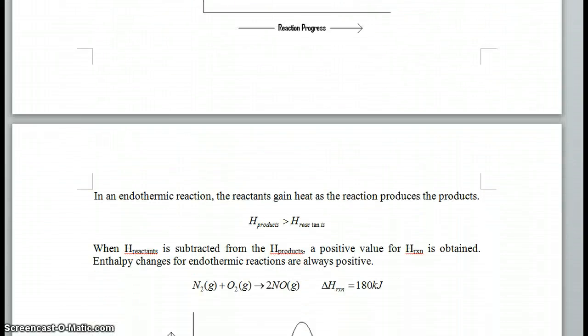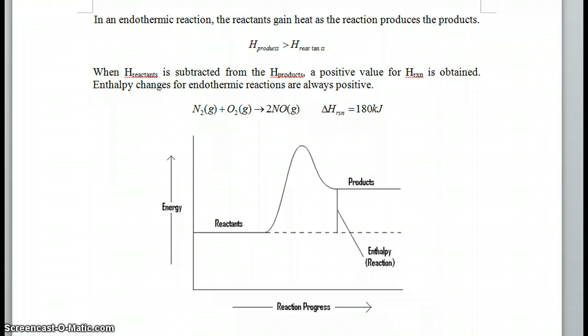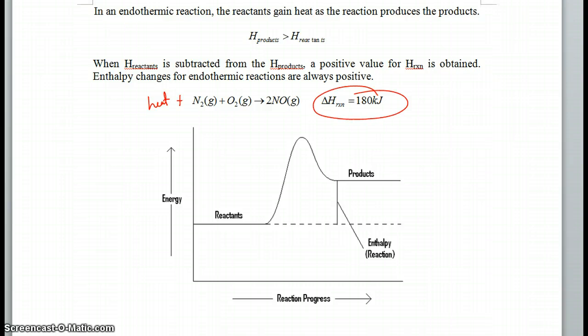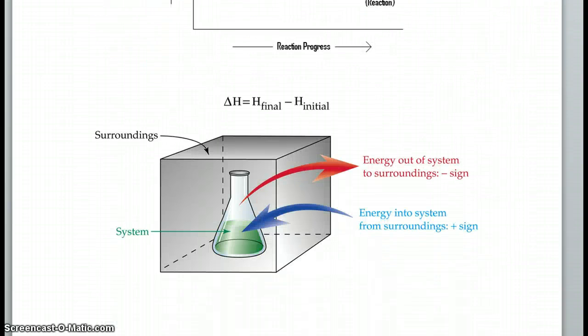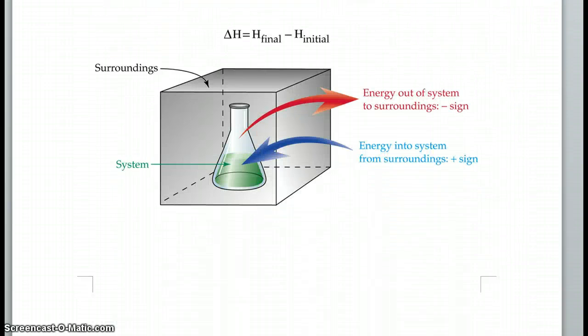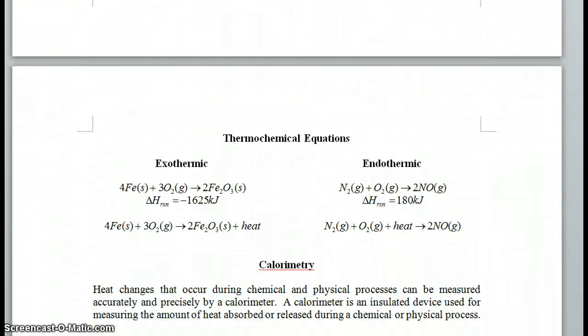Of course the opposite is true for an endothermic reaction. If you have heat as a reactant, the enthalpy of your products must be higher than that of your reactants. Your system's enthalpy is increasing, see the positive delta H value. Again, this is just represented pictorially the same thing.